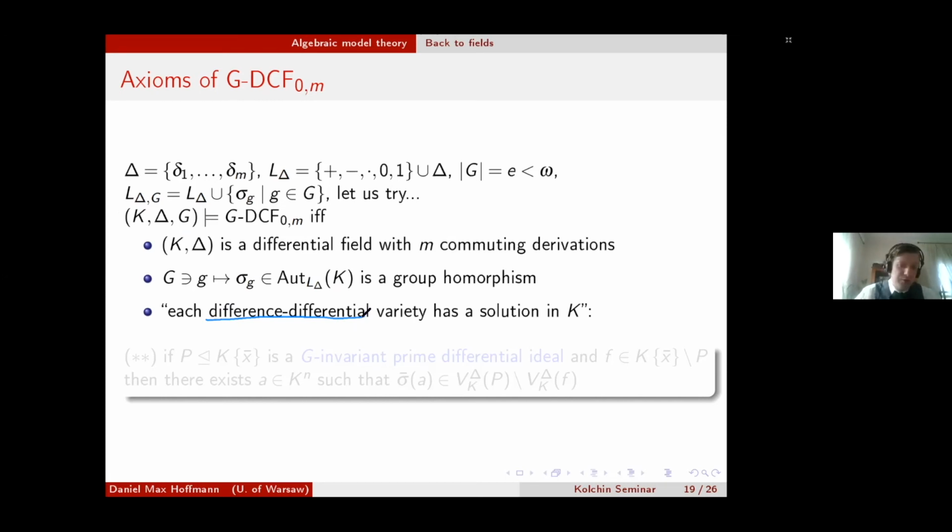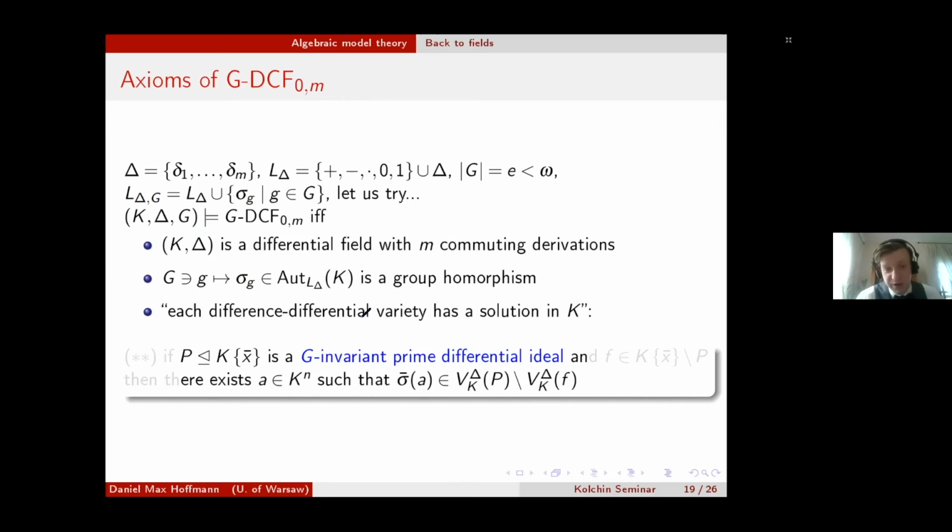So what does it mean? Again, let us be more precise. So now I have condition double star. If I have a P which is a G-invariant prime differential ideal, that's the new part, and F is any polynomial outside of P in this ring, it's a fancy ring, I will tell you about it in a moment, then there exists again a solution, but now a solution of this variety.